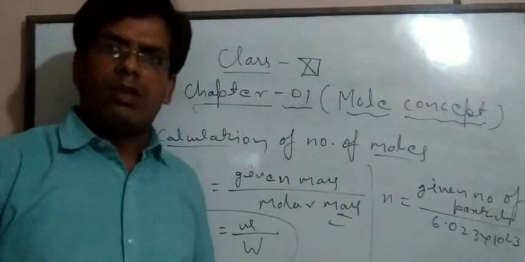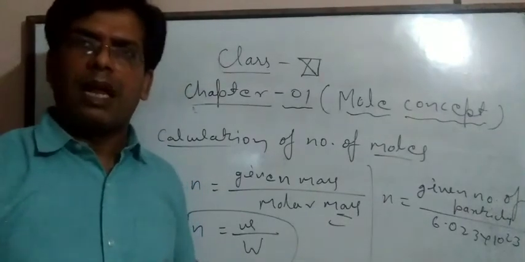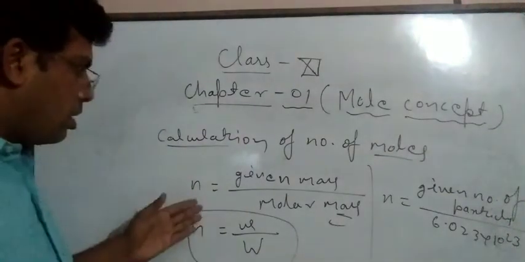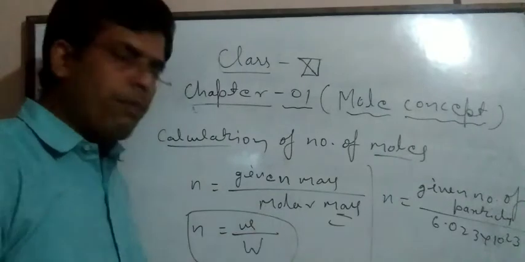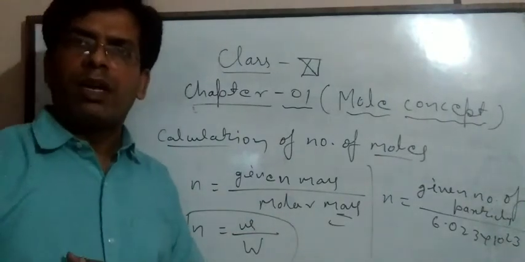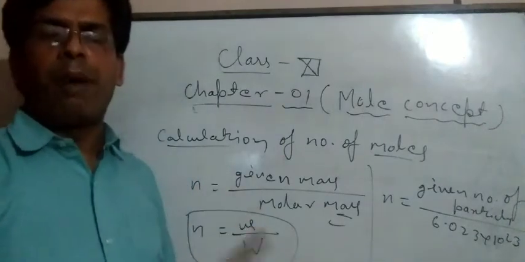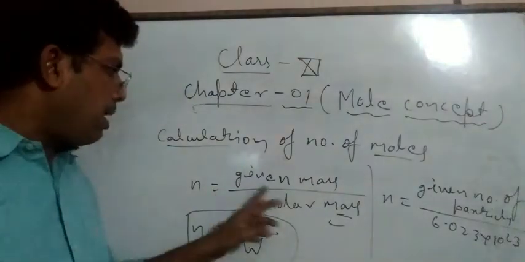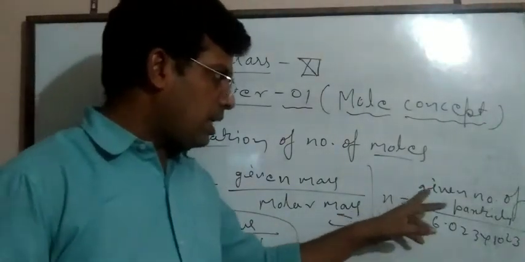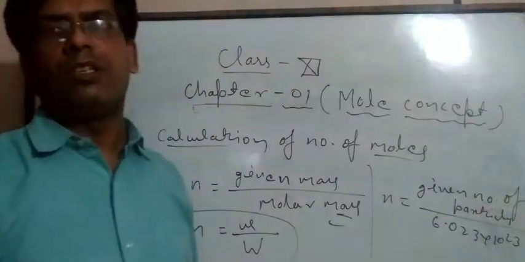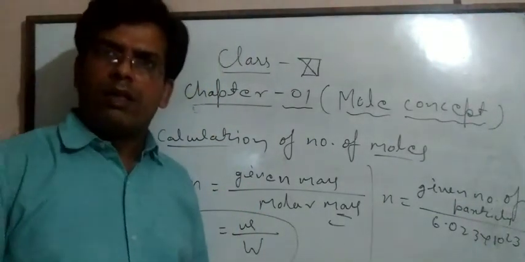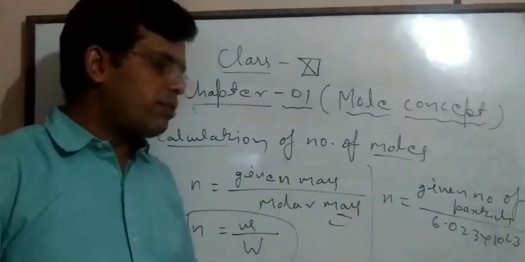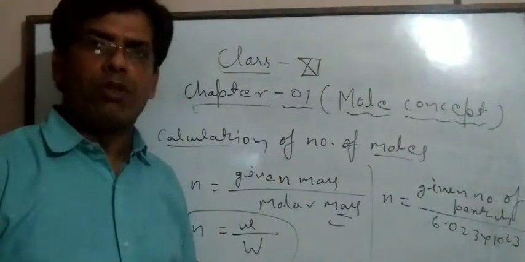So there are two formulas with which we can calculate the number of moles. One is given mass upon molar mass. Molar mass means the mass of any chemical substance in 1 mole. The second is the given number of particles upon the Avogadro number.